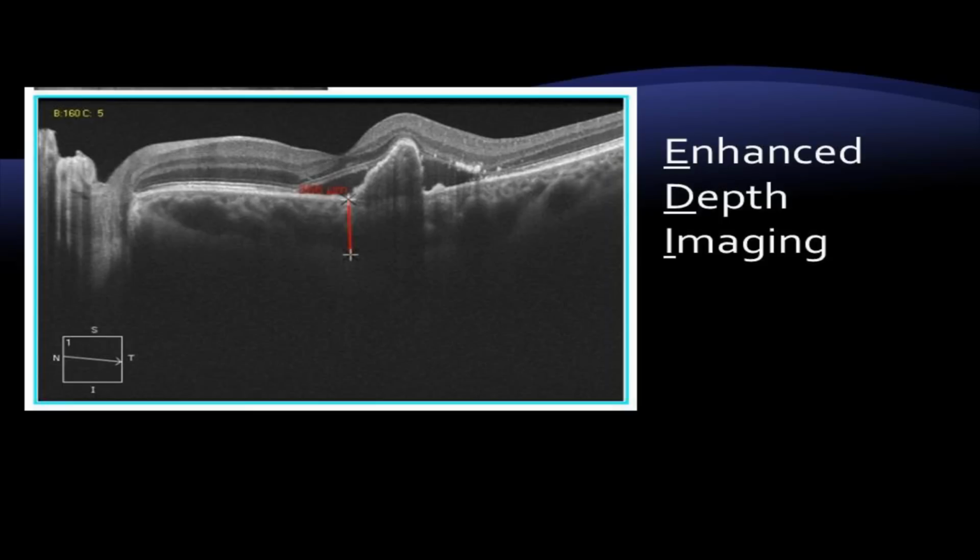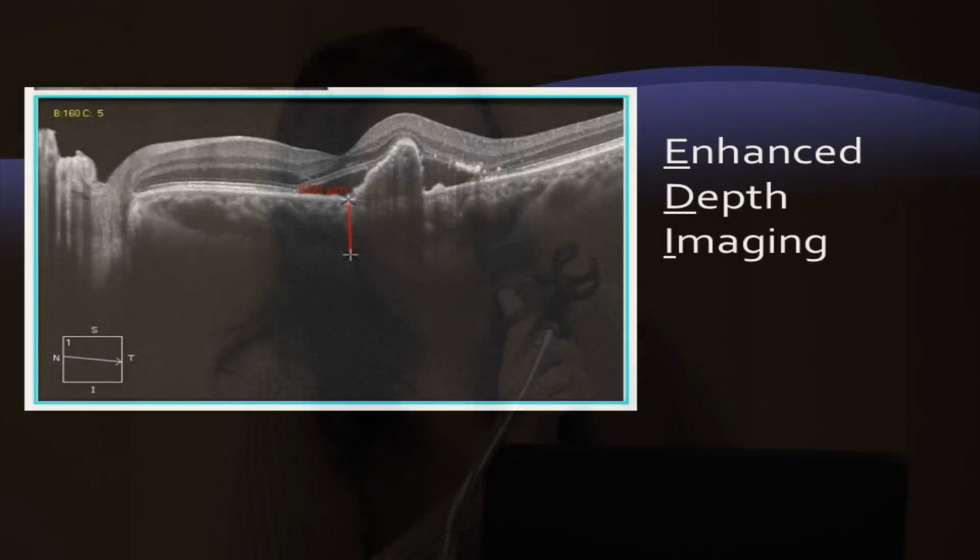And this is the newest thing that we're doing, enhanced depth imaging, where we're raising the OCT up because there's new information on earlier detection of macular degeneration, on if you can raise the scan up, and if you have a thicker sclera, they call it, which is further back behind the retina, and how you can measure it and whether or not you can detect macular degeneration earlier. That's for maybe your family members or your kids, something like that.